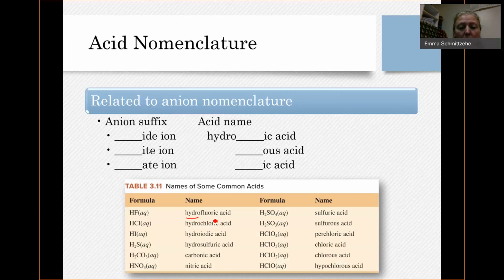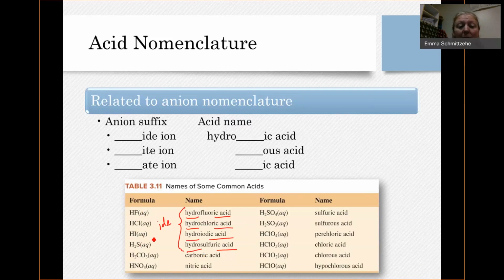You've got hydro-ic acid, hydro-ic acid, hydro-ic acid, hydro-ic acid, right? So all of those must be associated with some anion that has an "ide" ending, right? Well, HF has fluoride ion in there. HCl has chloride ion.